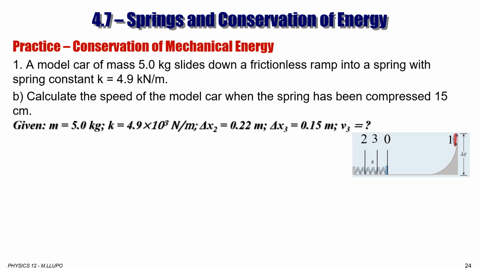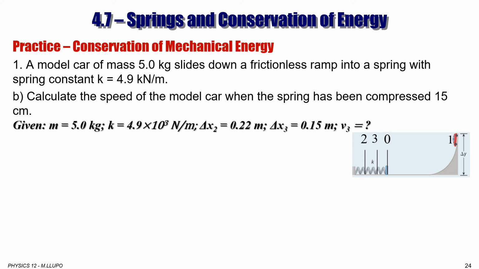So mass is 5 kilogram. Spring constant again is 4.9 times 10 to the power of 3 newton per meter. Maximum compression was given 0.22 meter, and the other compression at point 3 is 0.15 meter. Speed at point 3 is required.